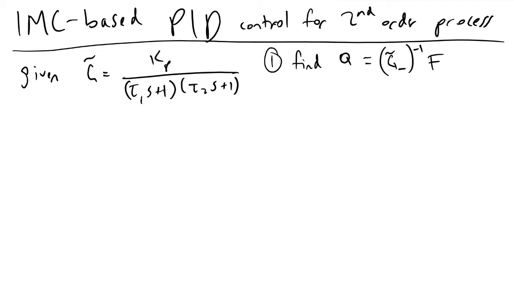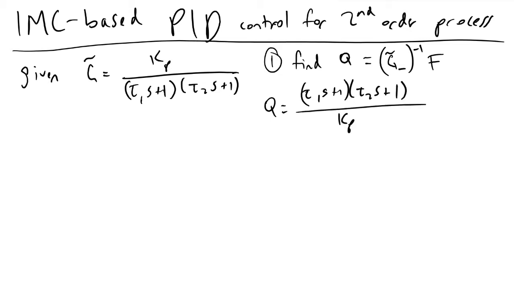To put this into a math equation, Q is equal to the inverse of G tilde, which would be tau 1 s plus 1 times tau 2 s plus 1, divided by Kp. We multiply this by our filter, which in this case will be 1 over lambda s plus 1. Lambda is a key tuning parameter of interest for us in the IMC model.